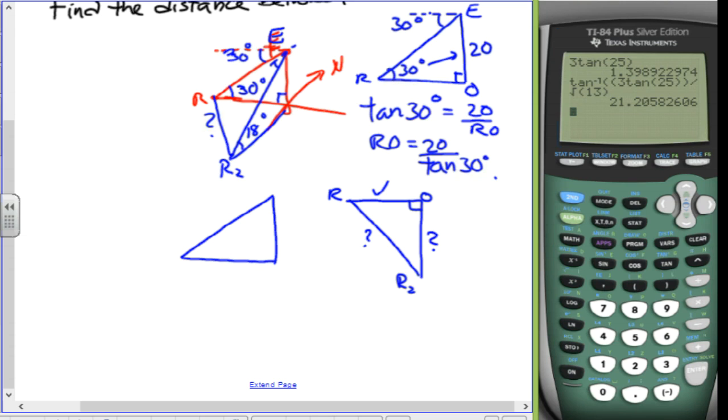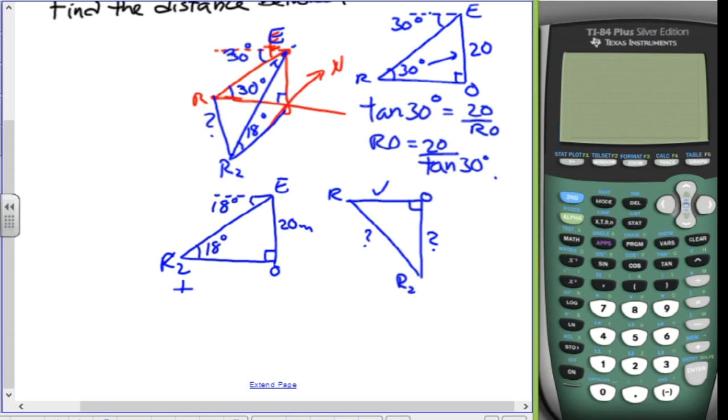That is this one: O, E, and R2. The angle of depression in this case is 18 degrees, so this one is also 18 degrees. Here is a 90-degree right-angled triangle. The height here is 20 meters. So similarly, tangent 18 degrees is equal to 20 over OR2. So OR2 itself is 20 over tangent of 18 degrees.